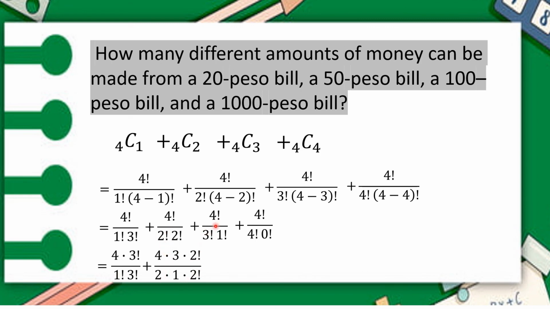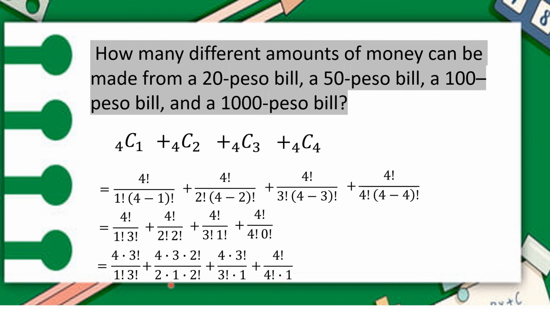And then, sa 4 factorial over 3 factorial times 1 factorial, expand lang natin yung 4 factorial hanggang 3 factorial. So, we have 4 times 3 factorial over 3 factorial times 1. Dito naman, 0 factorial is equal to 1. So, we have 4 factorial over 4 factorial times 1.